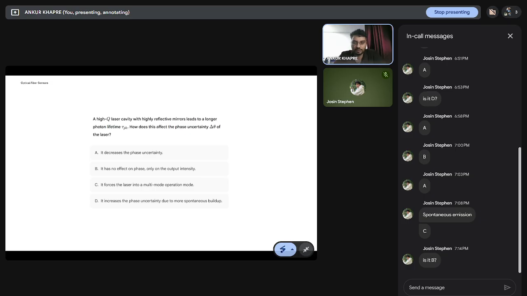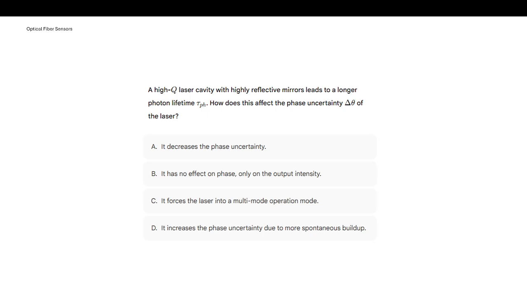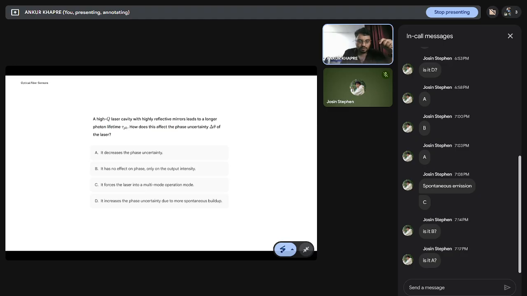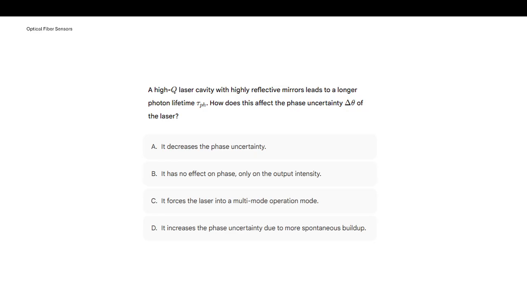Please give your answer for this question. Is it A? The phase uncertainty.